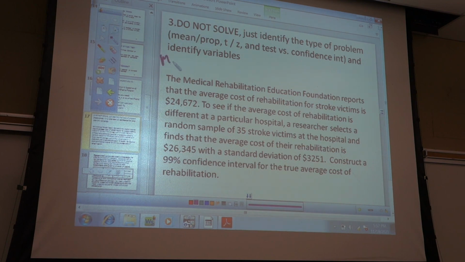How do you know it's a mean? Average. Standard deviation. Good. Is it going to be a Z table or T table? T table. Then what's going to be your degrees of freedom? 34. Yep, so 35 people, so 34. Is it a hypothesis test or a confidence interval? Confidence interval. How do you know? It literally says confidence interval.